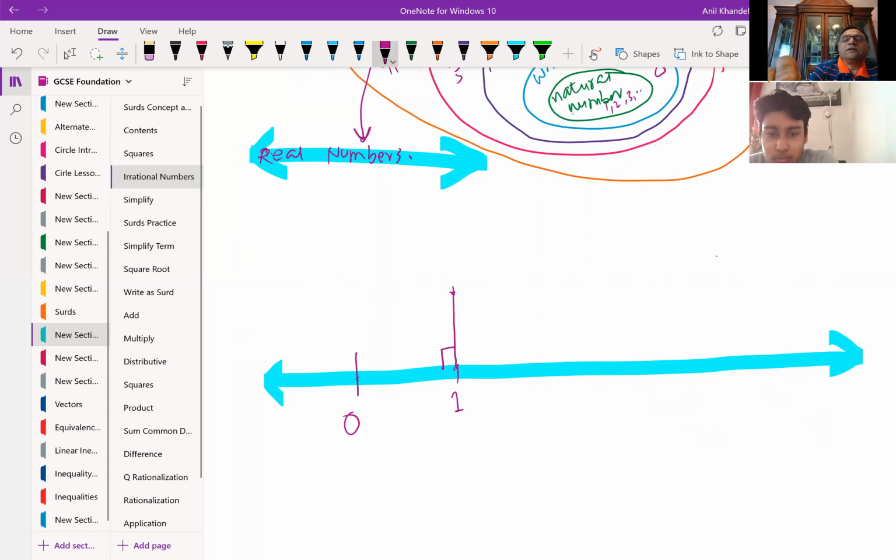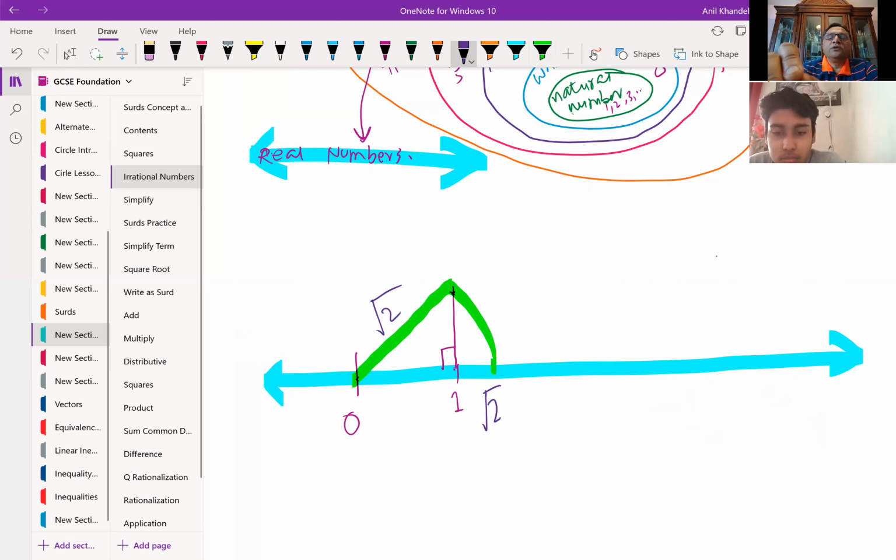That will give us this particular length, and this length is how much? Square root of 2. Now again, at this place, I raise 1 unit, connect here, and draw. And what do I get? Square root 3.